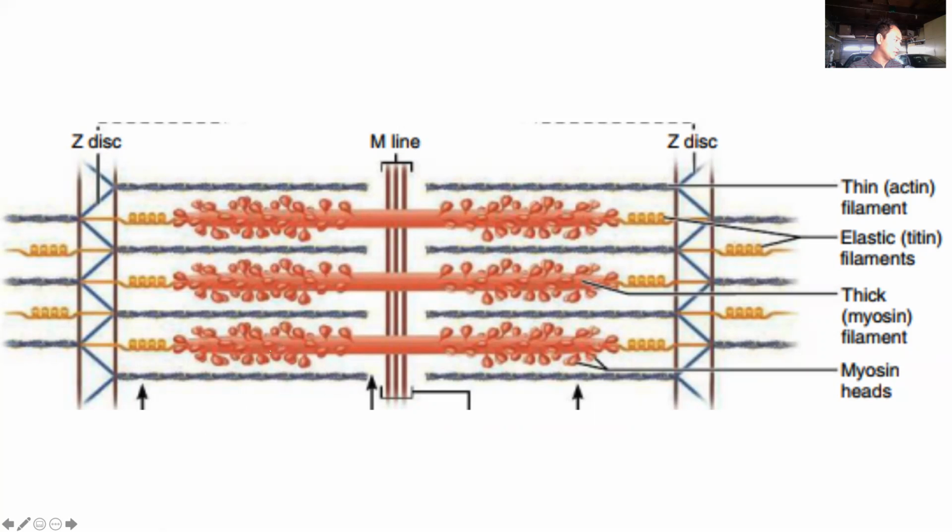Myosin, muscular, big, fat. They alternate: actin, myosin, actin, myosin, actin. All these myosins are attached to each other with a protein, and these attachments under the microscope are seen as a line, and that is what we call the M line, the middle line, in the most middle, that is the M line.